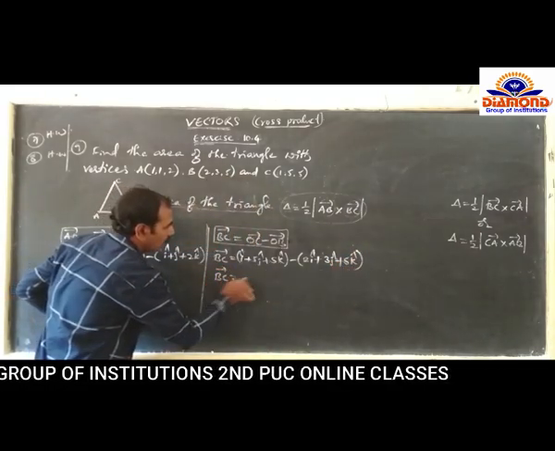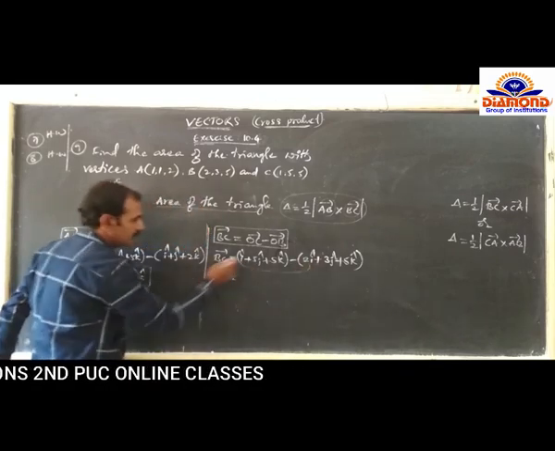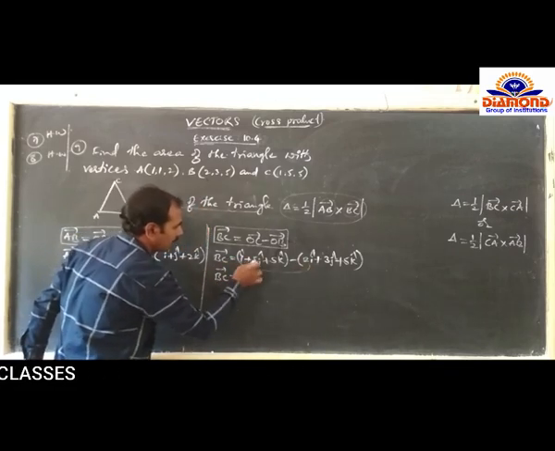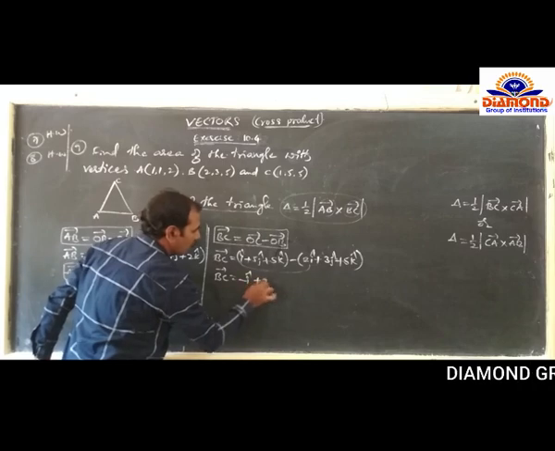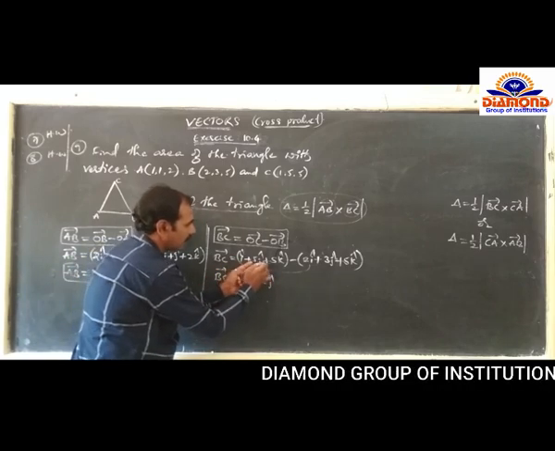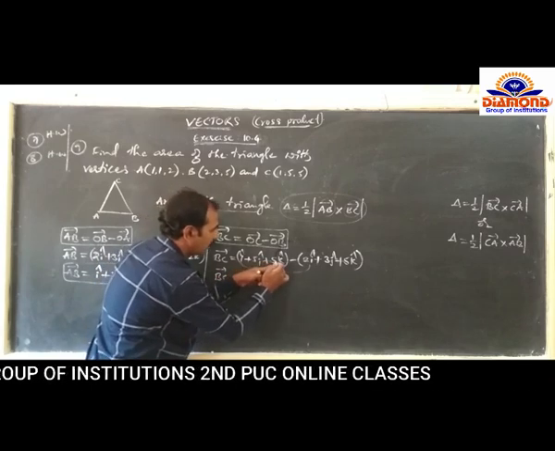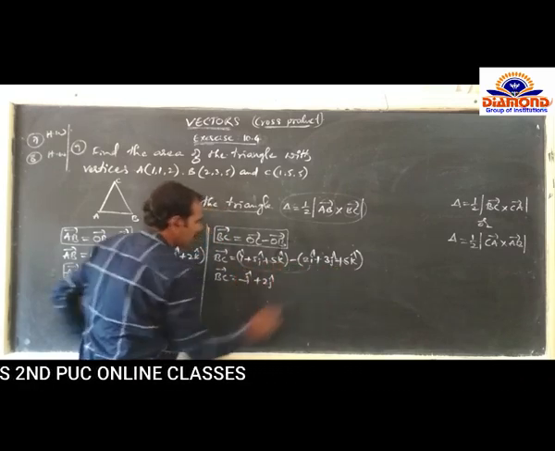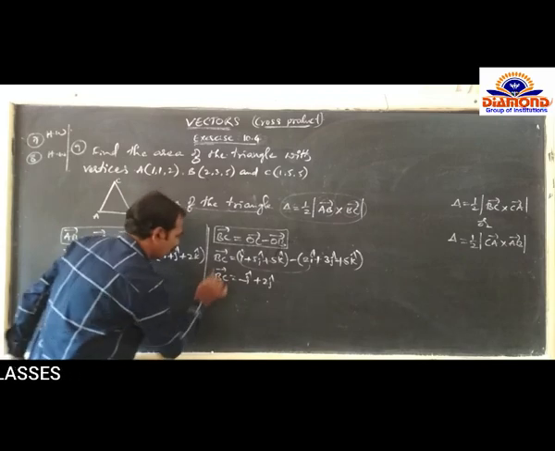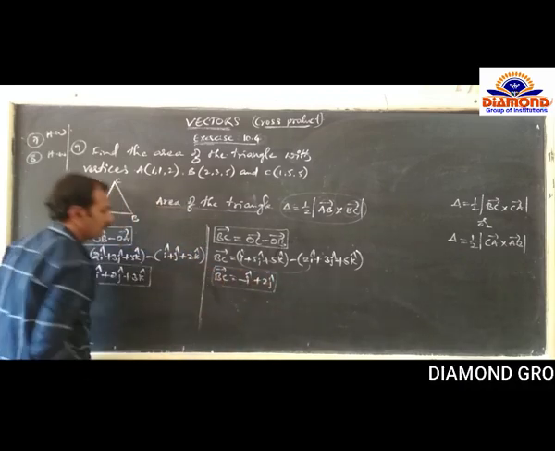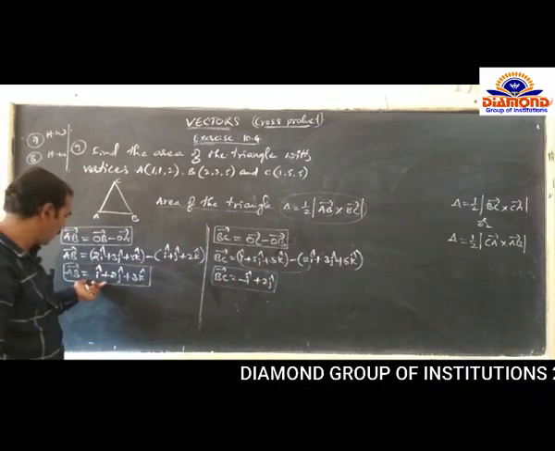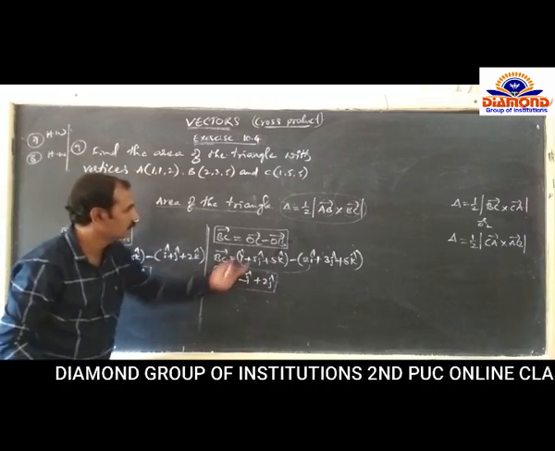So BC bar equals minus i cap, plus 2j cap (5j cap minus 3j cap), and 5k cap minus 5k cap, its value is 0, right? This is the BC bar. So AB bar you know, BC bar you know.